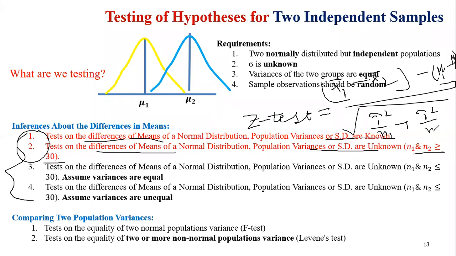And when the population standard deviation was unknown, instead of sigma 1 and sigma 2 we use capital S1 square and S2 square, the sample standard deviations, but these are the biased standard deviations.